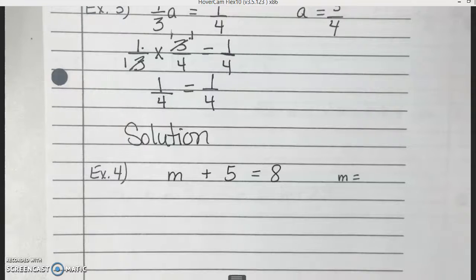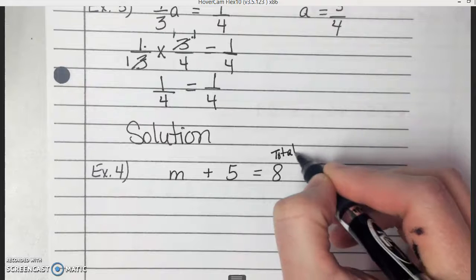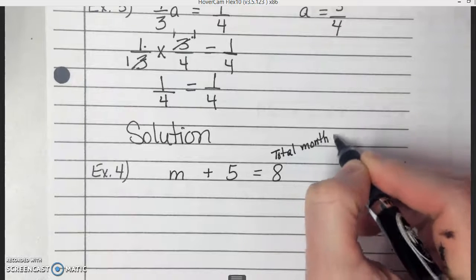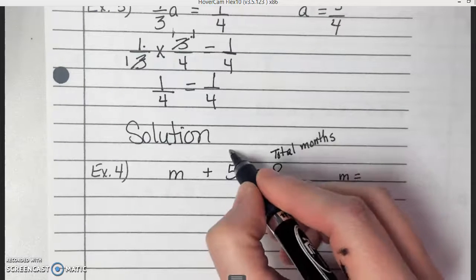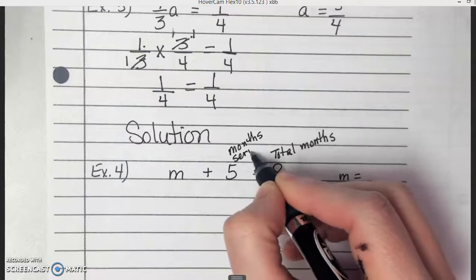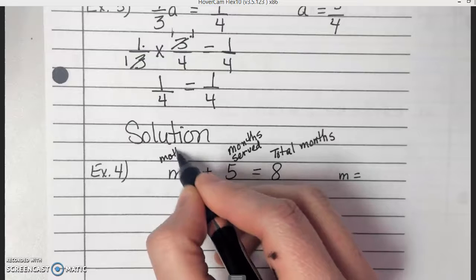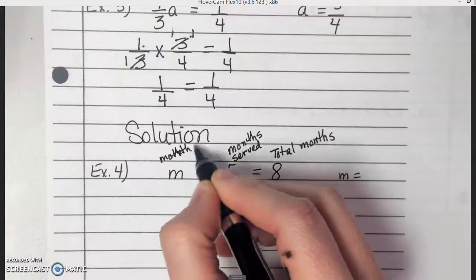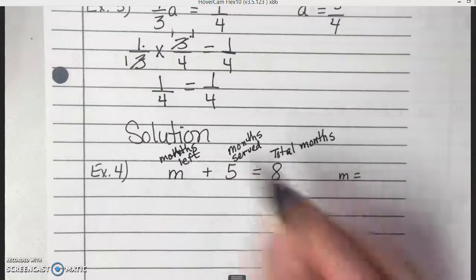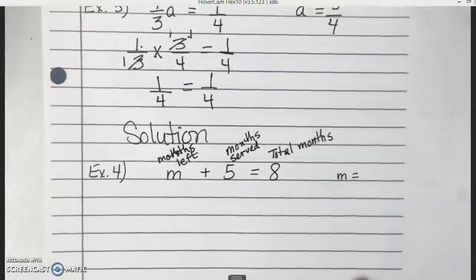So, this is the total months. This is the months that's been served. So this would be the months left. That's months, months left.